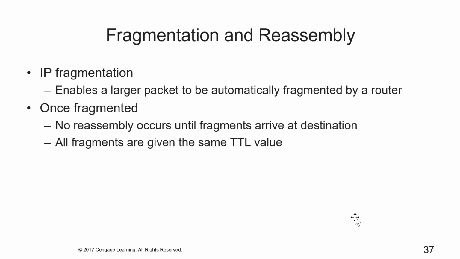In terms of fragmentation and reassembly, IP fragmentation allows a larger packet to be automatically fragmented by a router. Once it's fragmented, no reassembly occurs until the fragments get to their destination, and all fragments are given the same time to live.